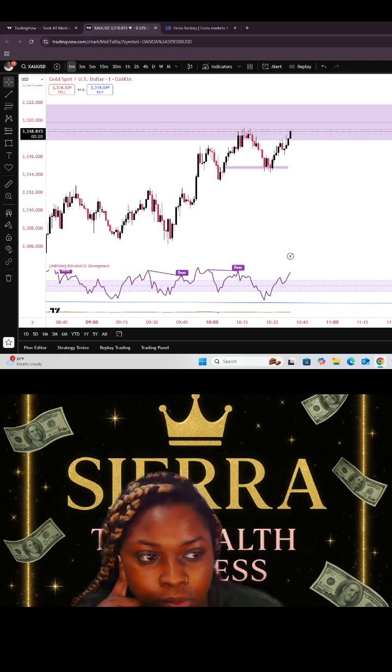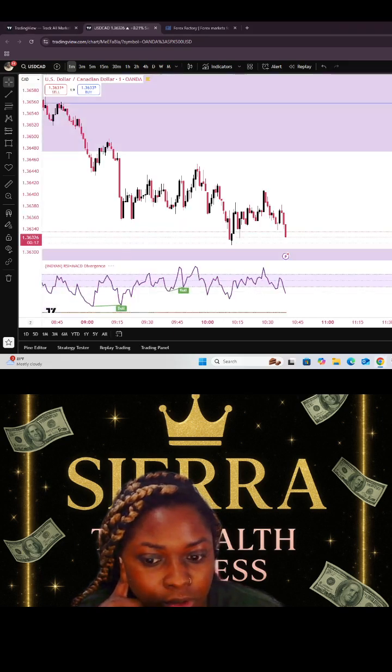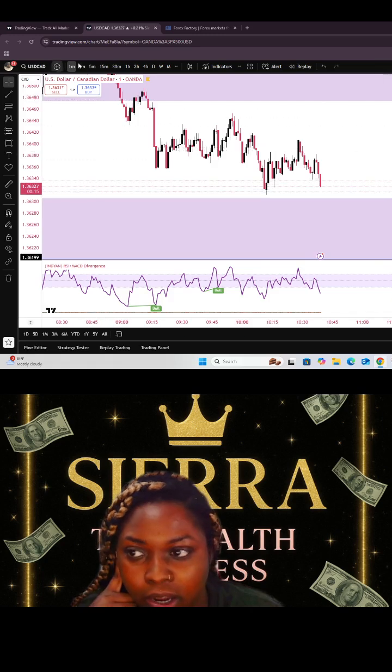All right, price is pushing up towards our zone. Let's see what's going on with USD CAD. It's pushing down.